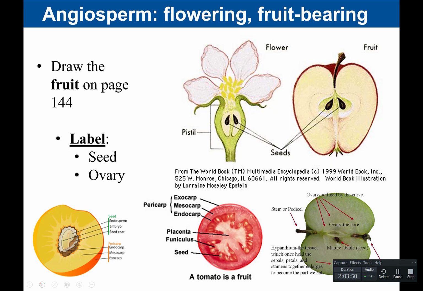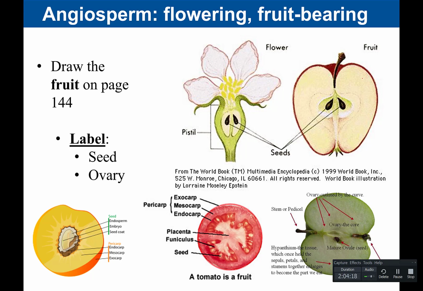So what you need to do for this part is to draw the fruit on page 144 and label the seed and the ovary. And so for this, I gave you several types of examples. So one example, you can see it here. This is an apple. And so the apple, where the fruit is going to happen, it's going to form around the seed.